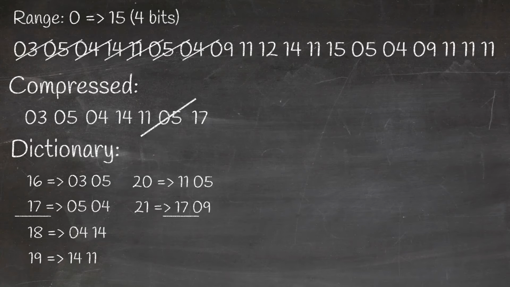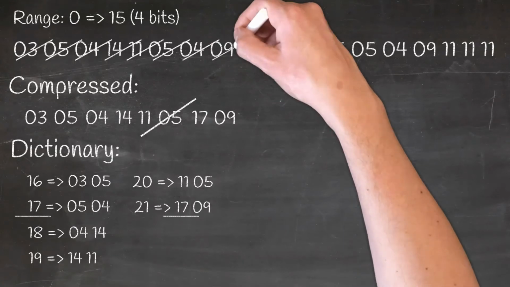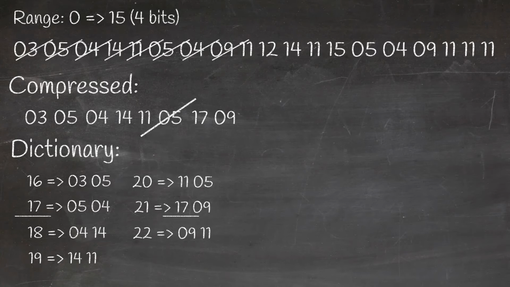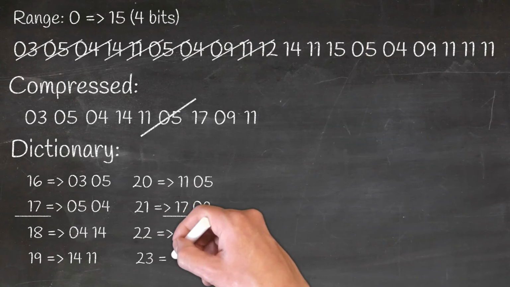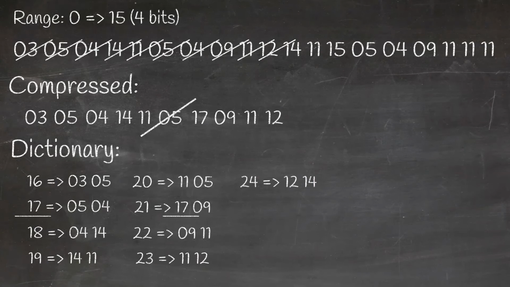And next we have got 9. And we'll do the same thing. We haven't seen any pattern starting with 9, so we'll output 9 in the stream, and we can insert 911 as a new pattern of index 22. The same goes for 1112 under 23, 1214 under 24, and we find another match. We have seen patterns starting with 14 before. Does it also match our next letter?